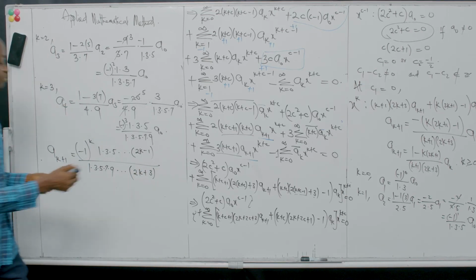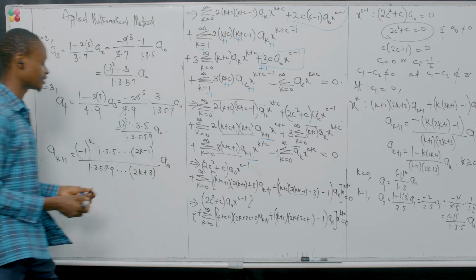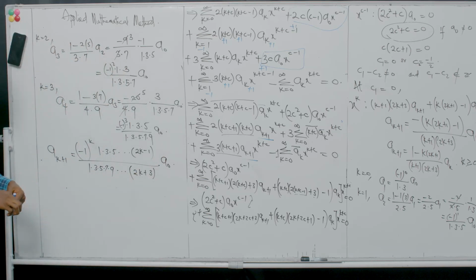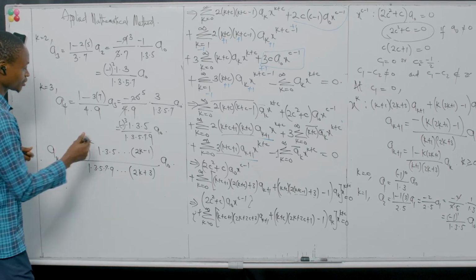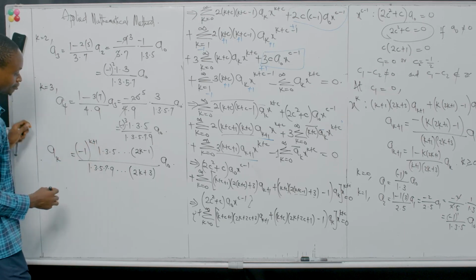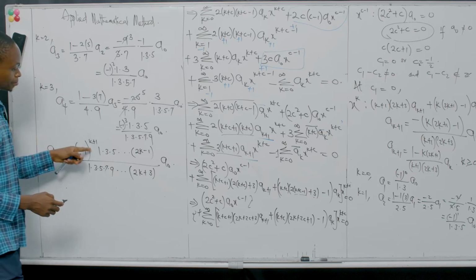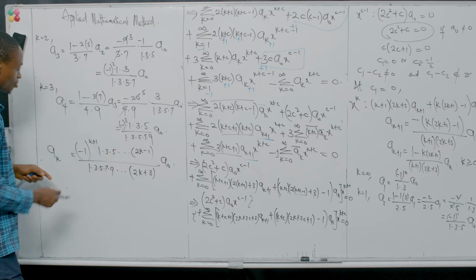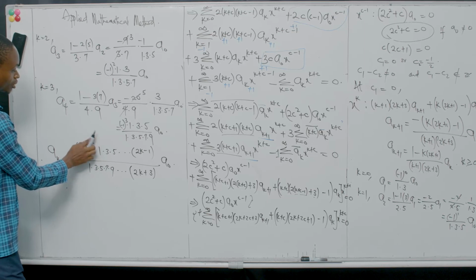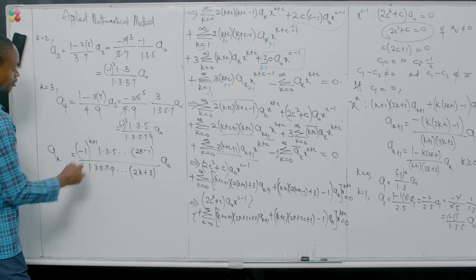So this is just me trying to randomly generate these patterns. Of course, if you take your time to generate it, you should have something different. Or let's generate everything in terms of AK. So this will be AK plus 1.